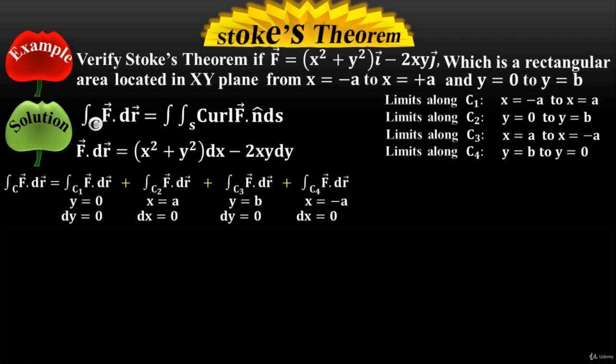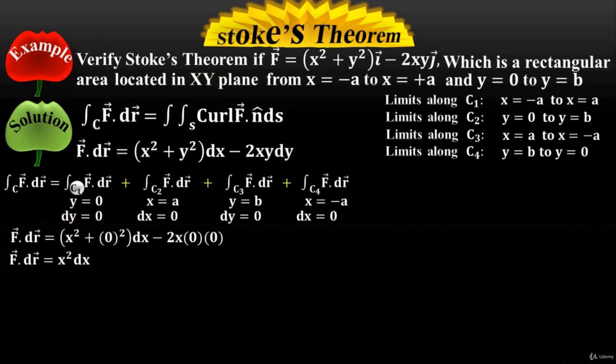Now I'm going to calculate for each and every side of this rectangle. Take C1 first, where y equals 0 and dy equals 0. Substitute y equals 0 and dy equals 0 in this equation to have x squared dx. The limits along C1 are x equals minus a to x equals a.